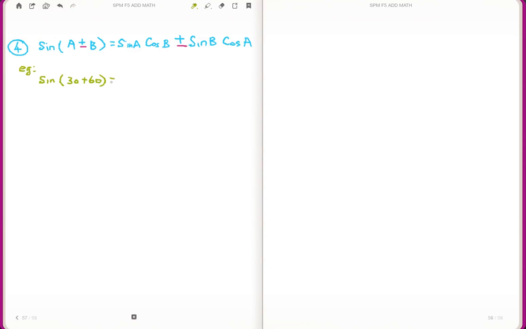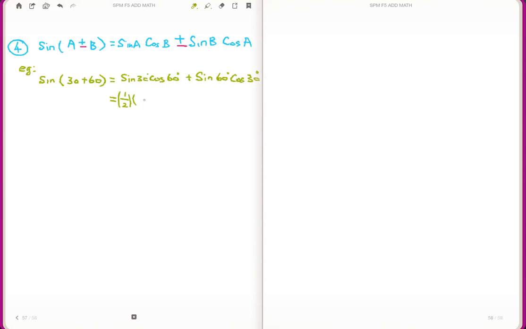So sine 30 plus 60 will equal sine 30 cos 60 degrees plus sine 60 cos 30. So from here you will be able to work out the answer, because easily from previously we have made the table. Sine 30, what's sine 30? Sine 30 is 1 over 2.